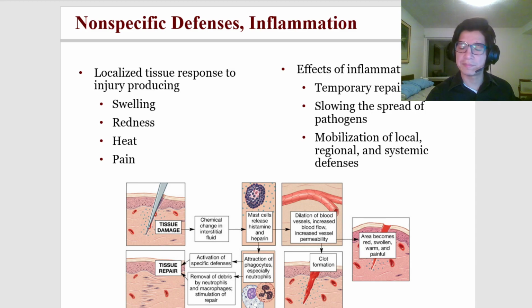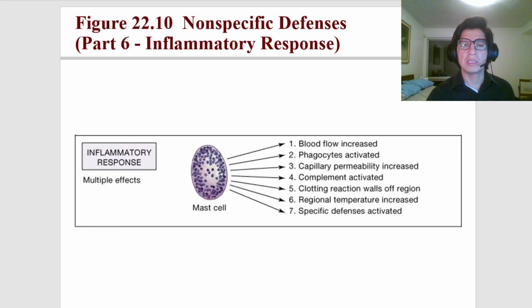This is done through platelets, which are not components of the immune system. You're going to slow the spread of pathogens, and the immune system is going to be summoned and hopefully stop this.